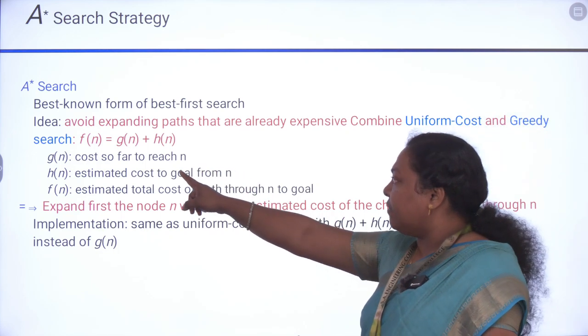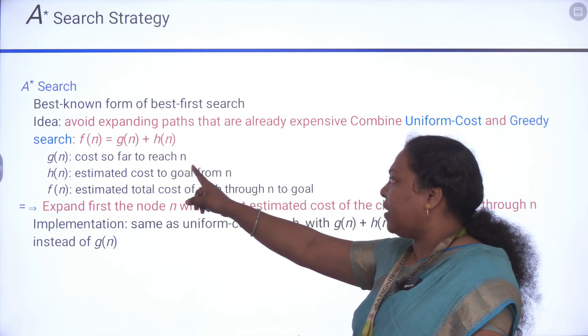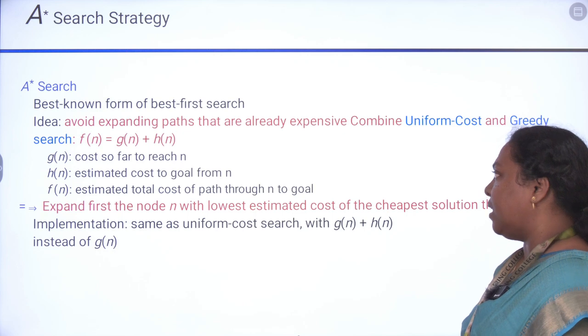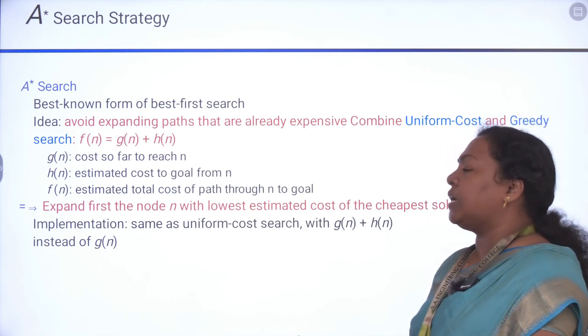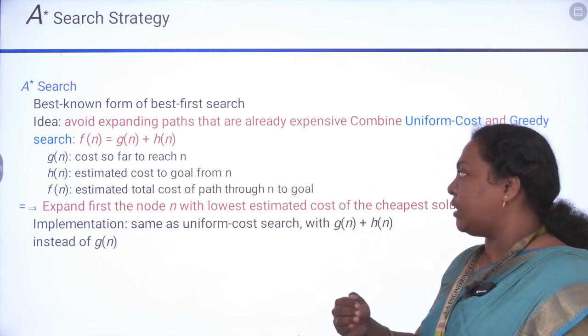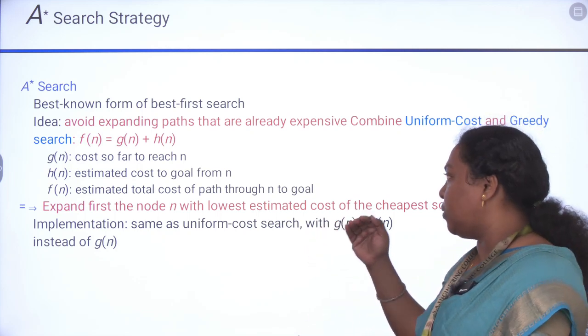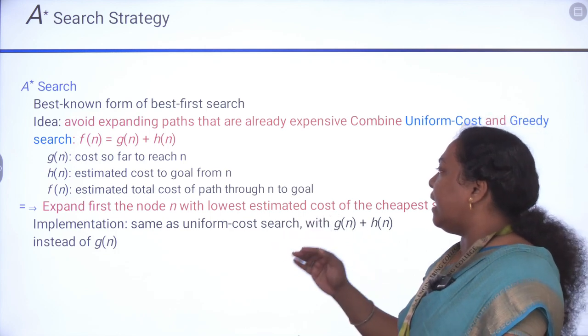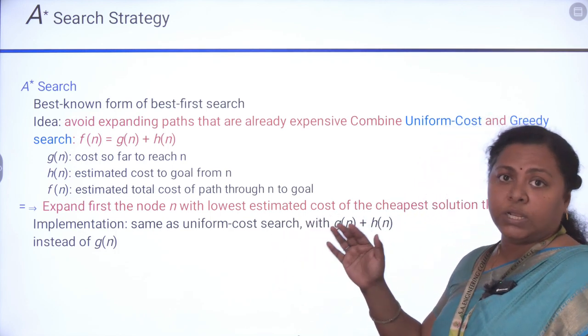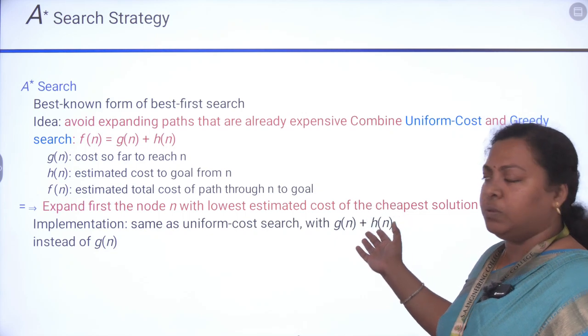So the evaluation function is f of n equal to g of n plus h of n, where g of n is the cost so far the node has taken to reach here, h of n is the estimated cost to reach the goal from n, and f of n is the estimated total cost of the path through n to the goal.